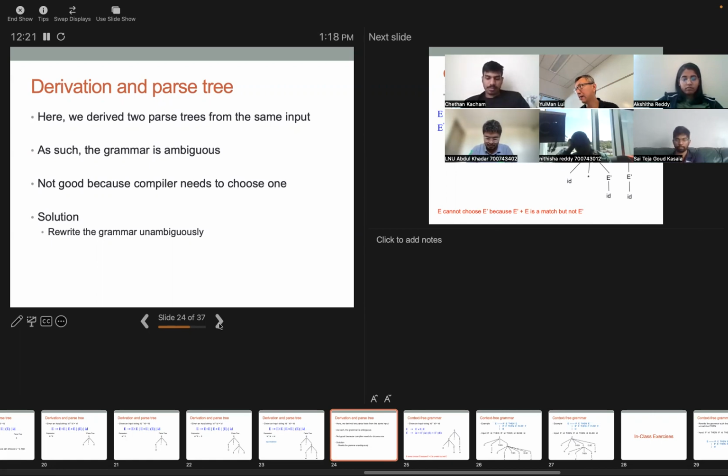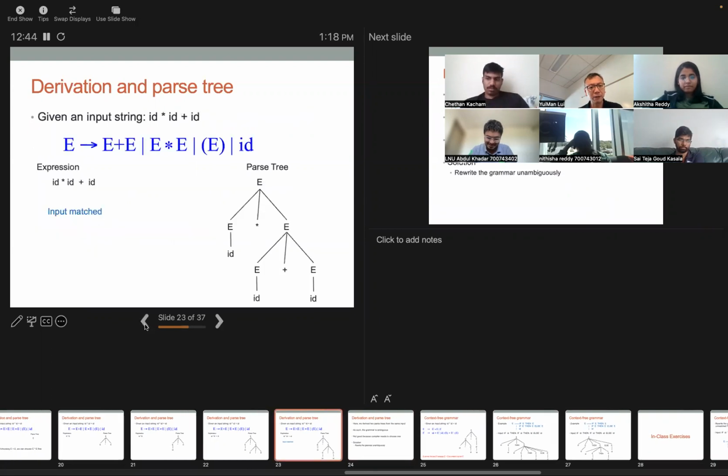Is that clear? I'm asking you to rewrite it in a different way, just like in English. You can write many different sentences for the same meaning, but you should not change the meaning. You got it?